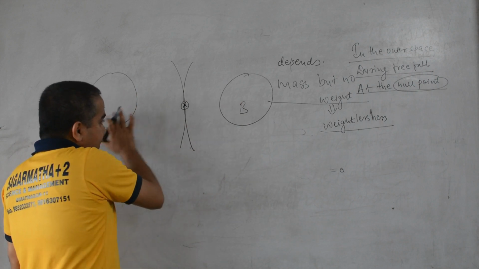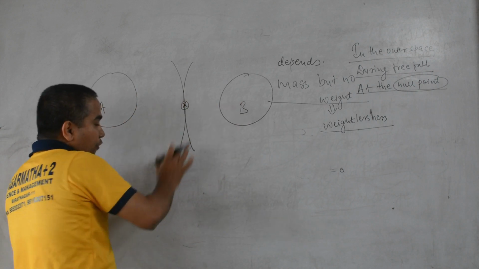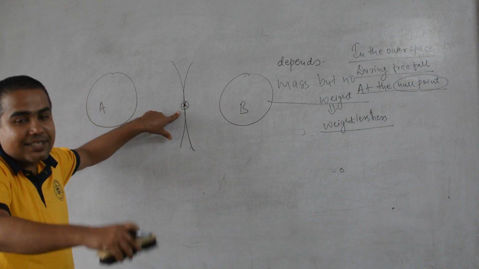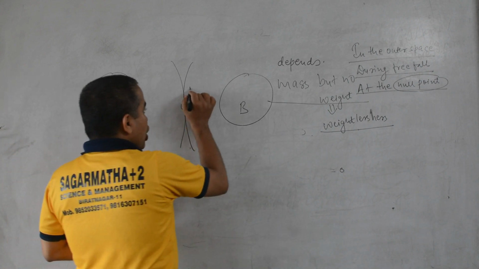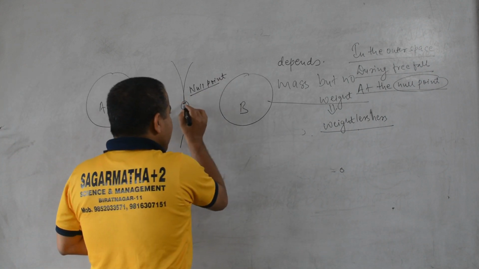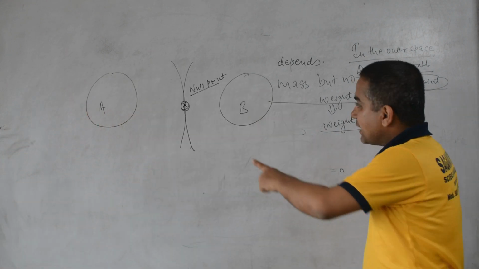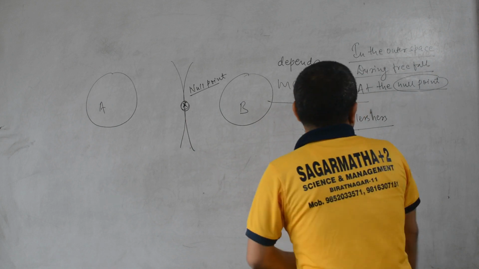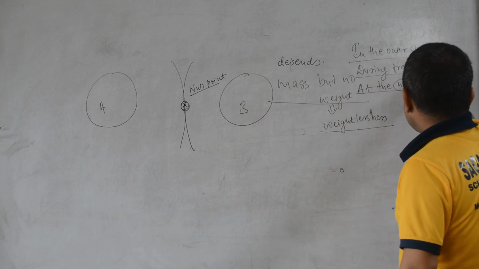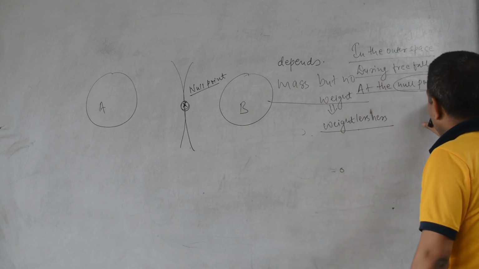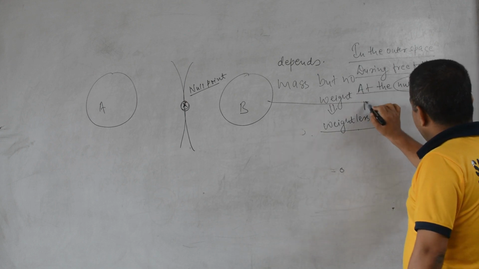Or you can say the gravitational influence of both the bodies on this mass is cancelled out. So this point is called the null point, and if a mass happens to be at this null point, it is not going to feel the effect of gravity at that time. It becomes weightless.